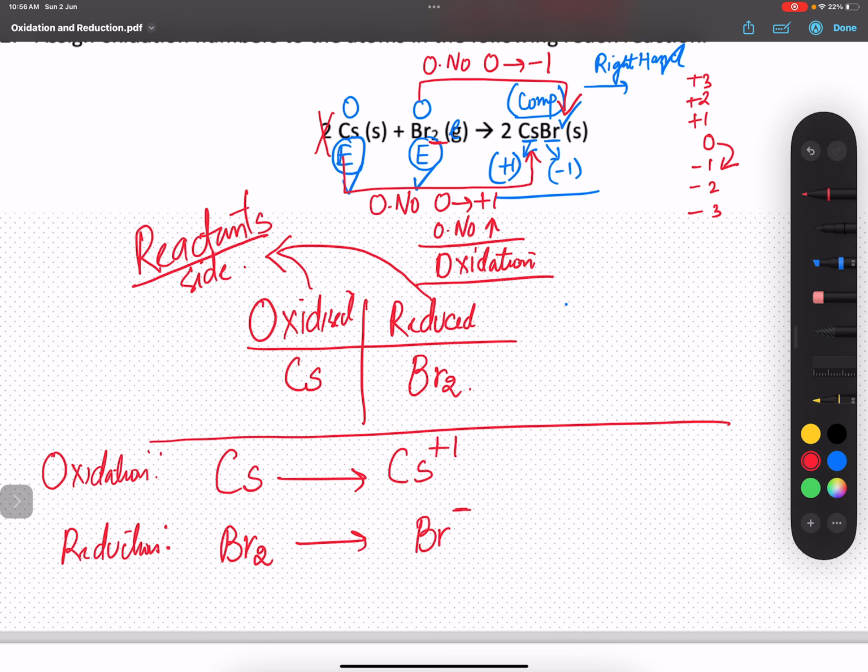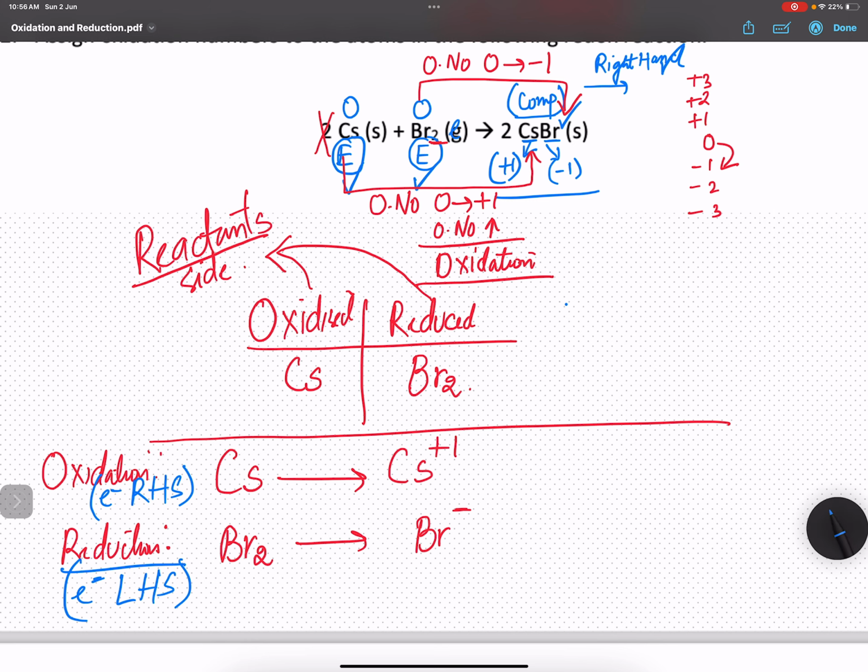Now remember one thing, either oxidation or reduction: whenever you have oxidation, electrons are on the right hand side, and in reduction, electrons are on the left hand side.